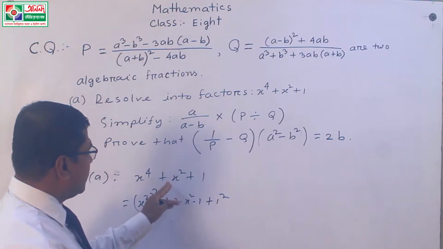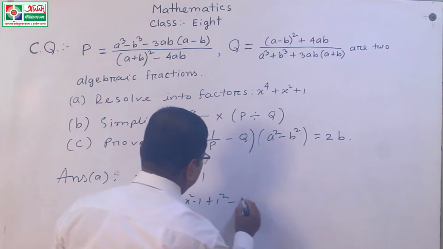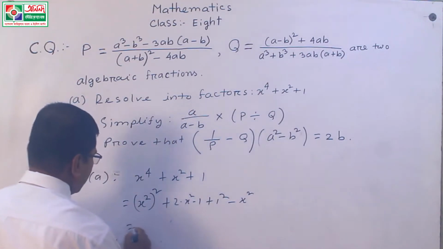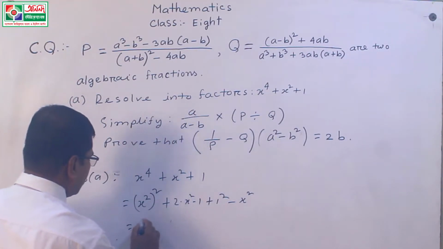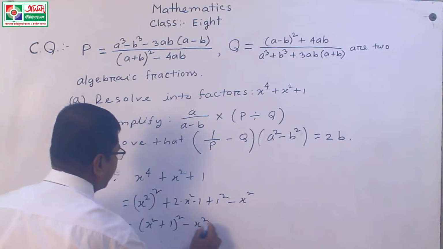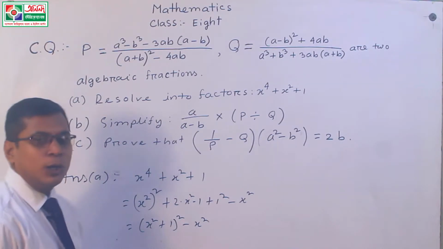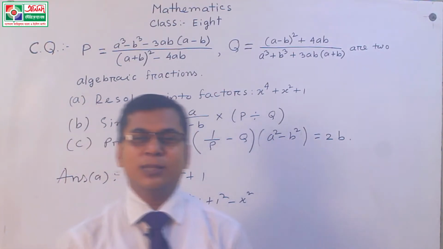In the question there is only x square, so you can subtract that x square. Now you can apply the formula (a plus b) whole square, so you can write (x square plus 1) whole square minus x square. Dear students, now look at, we can apply the formula a square minus b square.